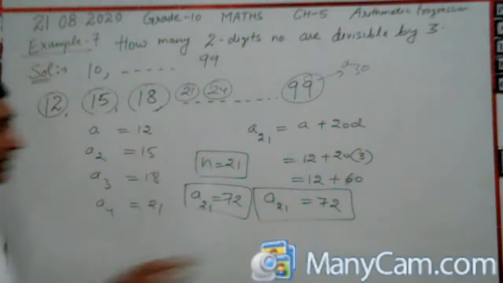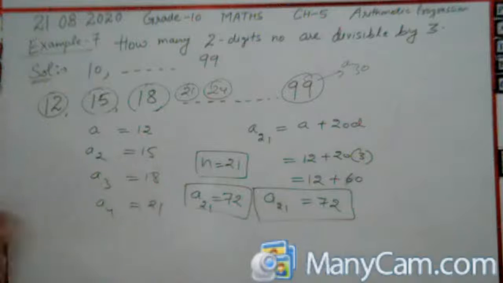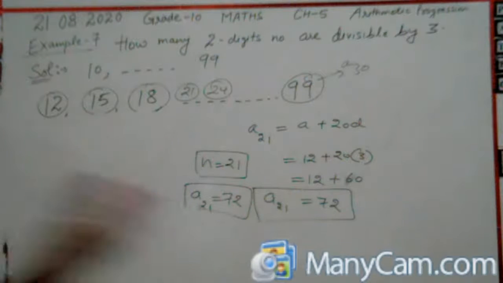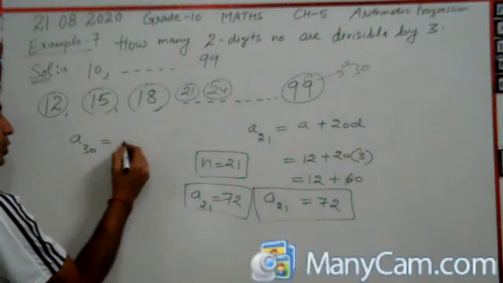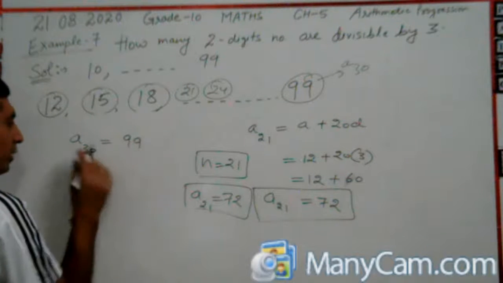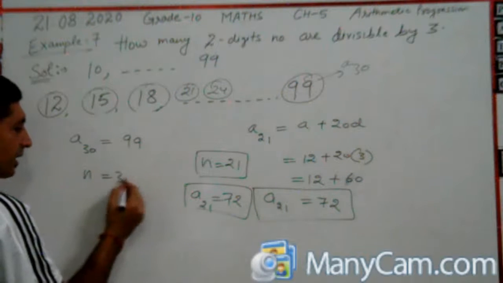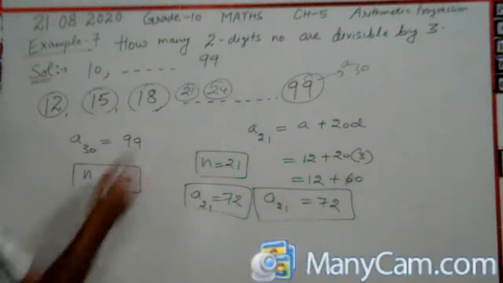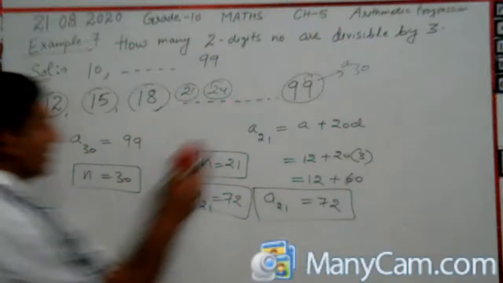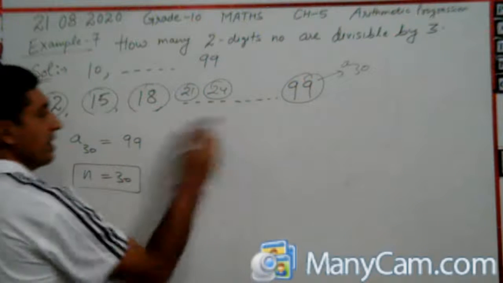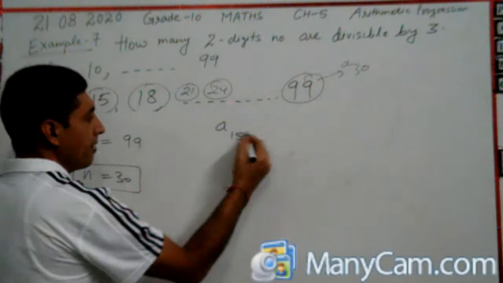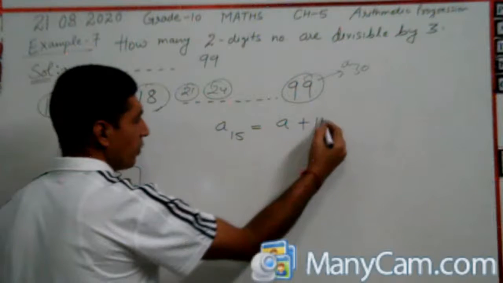In the end, let me again write here A30 is equal to 99, and n here is 30. If I have to find the 15th term of this AP, A15 is equal to a plus 14d.